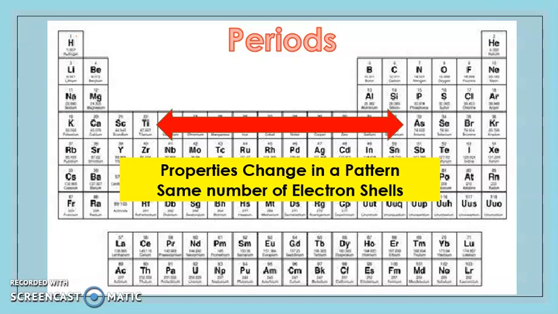If you stack one row on top of another, the properties change almost exactly the same way as you move across that row. A lot of that has to do with the electrons. All of these things have the same number of electron shells as you move across from the beginning of the row to the end of the row. That's an important thing to understand.